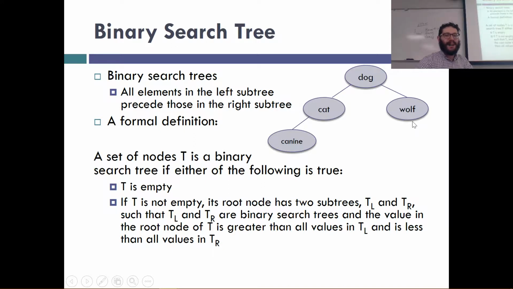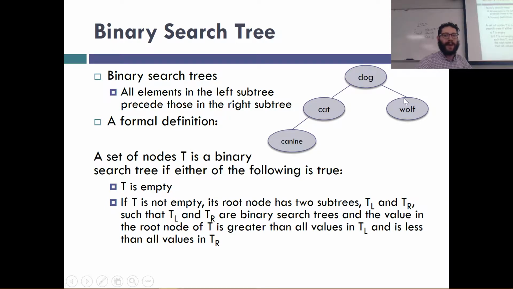Okay, well, it's because this is a binary search tree of strings. And the way a binary search tree works is that all the elements in the left subtree are before all the elements in the right subtree. In other words, all the elements that come before dog go into the left. All the elements that go after dog go to the right.